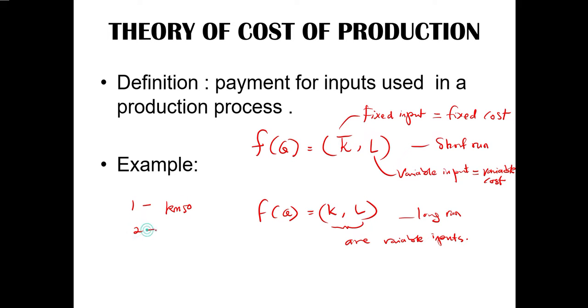Kalau ada 2 labor akan jadi 100. Tapi depending on the types of labor that we hire. So inside a business, kita bukan upah pelayan kedai je, kita akan upah tukang masak, tukang buat air. So gaji diorang tak sama, gaji pelayan dengan gaji tukang masak lain.